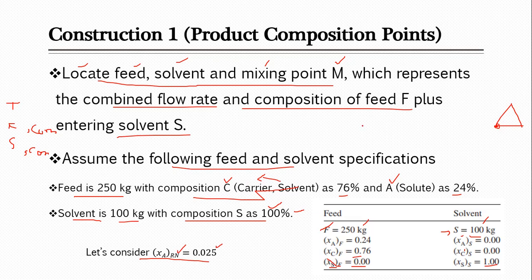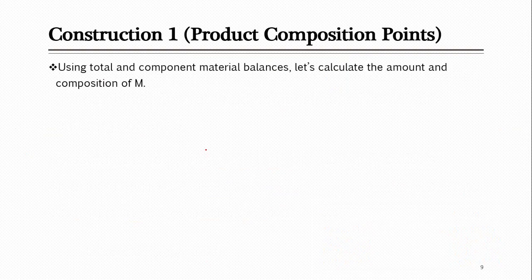The thing which is missing is M. We don't know M at this slide, so we have to look for M. M is the mixture of feed and solvent, located inside the triangular diagram. M can be calculated using the total material balance, and its composition can be calculated with the help of component material balances.